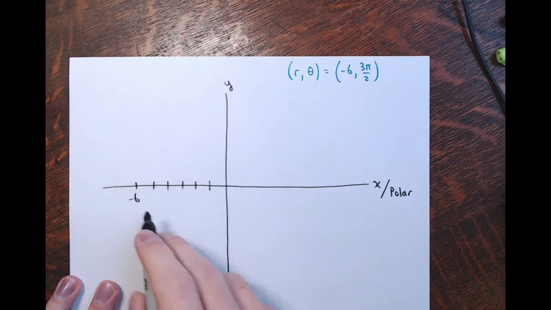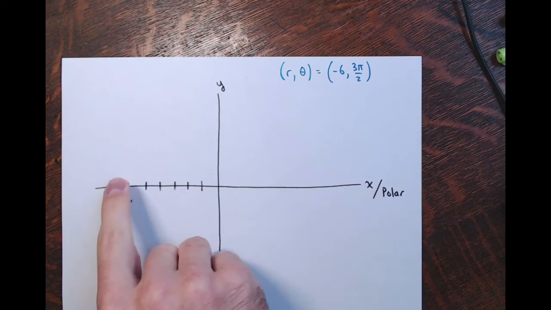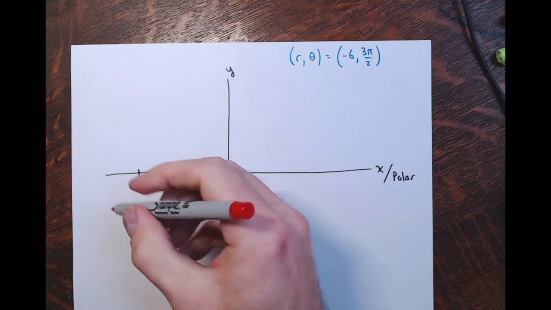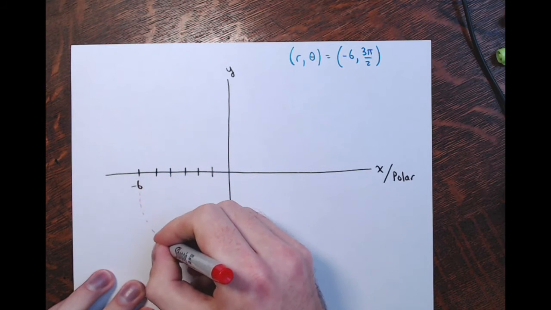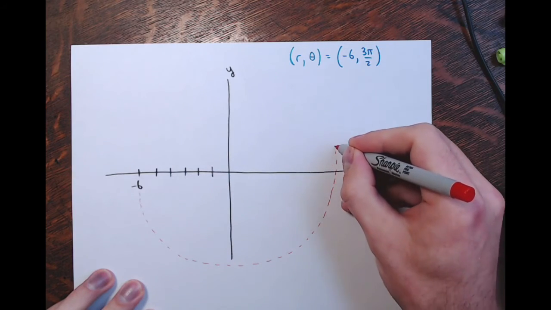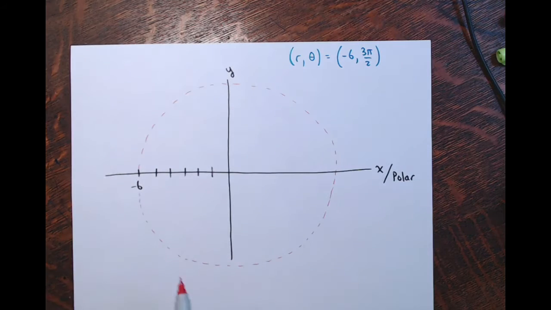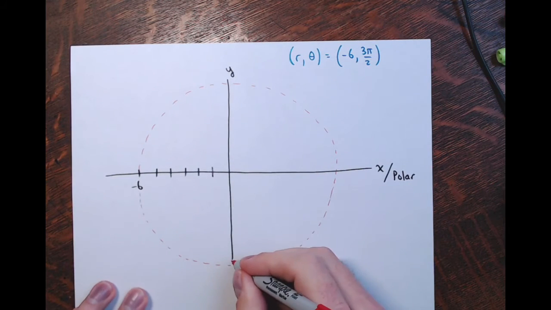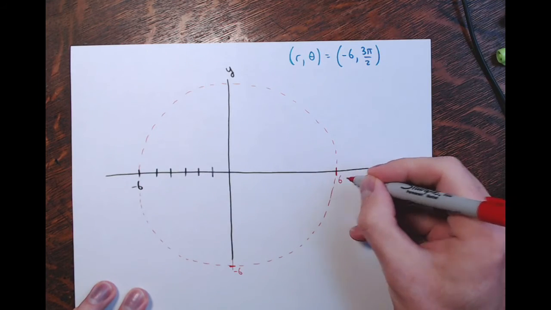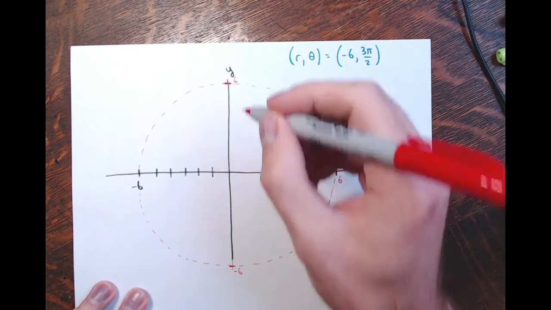There's -6 on the polar axis, and we're imagining that we are traveling on this circle with a radius of 6 centered at the origin. Down here is -6 on the vertical axis. Over here is +6 on the polar axis, and here's +6 on the vertical axis.